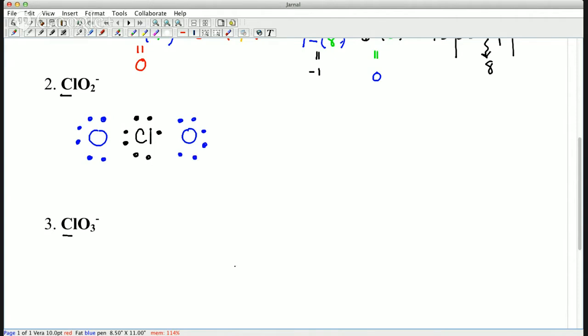Now, I can see by evaluating that this oxygen has its 8. It's a row 2 element, so it's bound by the octet rule, so that's stable. This oxygen, the right one, has 7. And the middle chlorine has 7.